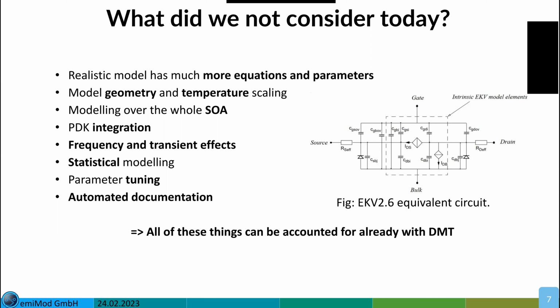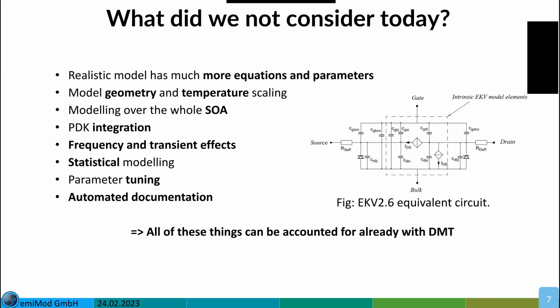Then we have model geometry and temperature scaling. We want to model them almost over the whole range where you can bias the transistor without destroying it. So inside the safe operating area, SOA, we must make sure that the extracted model parameters somehow fit into the PDK. We have also modeling over frequency and transient effects like trapping and stuff.